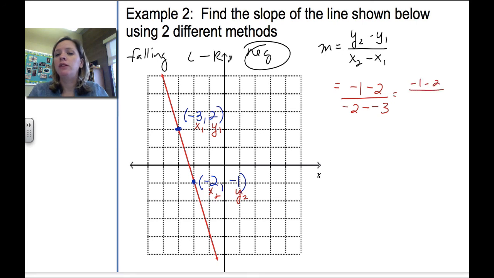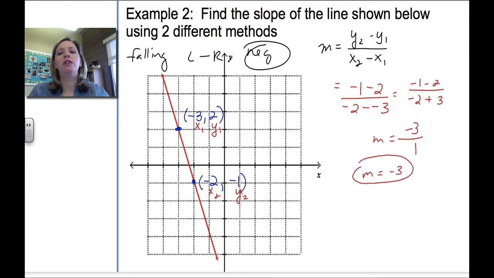If I rewrote this, on the bottom I'd have negative 2 plus 3, because when we subtract a negative, that becomes addition, or becomes positive. So negative 1 minus 2 is negative 3. And on the bottom, negative 2 plus 3 is 1. So if I simplify that, I can just say my slope is negative 3.